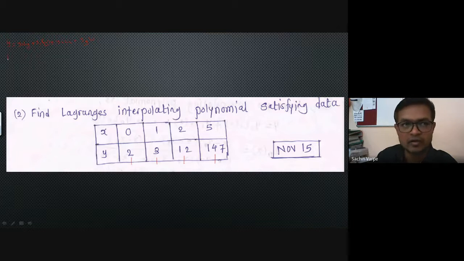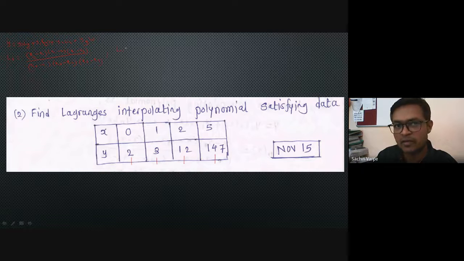So how do I write L0? L0 will be x minus x1, x minus x2, and x minus x3 upon, for the denominator, x will be replaced by x0, so x0 minus x1, x0 minus x2, and x0 minus x3.